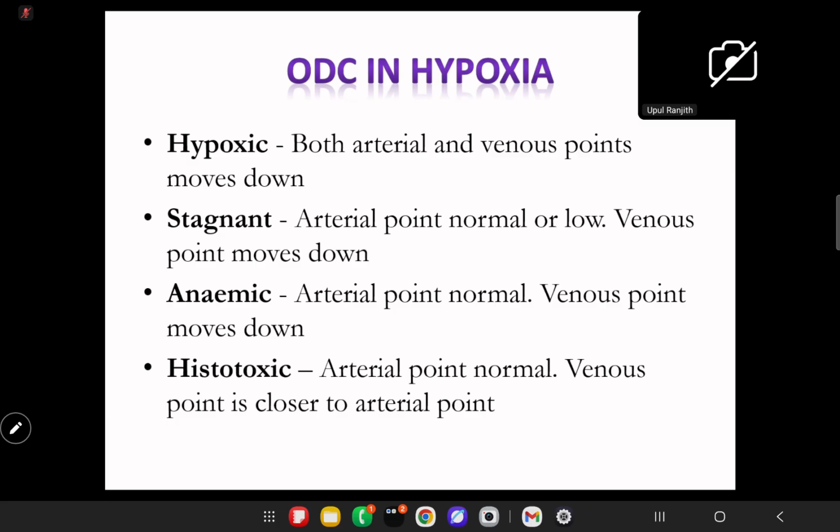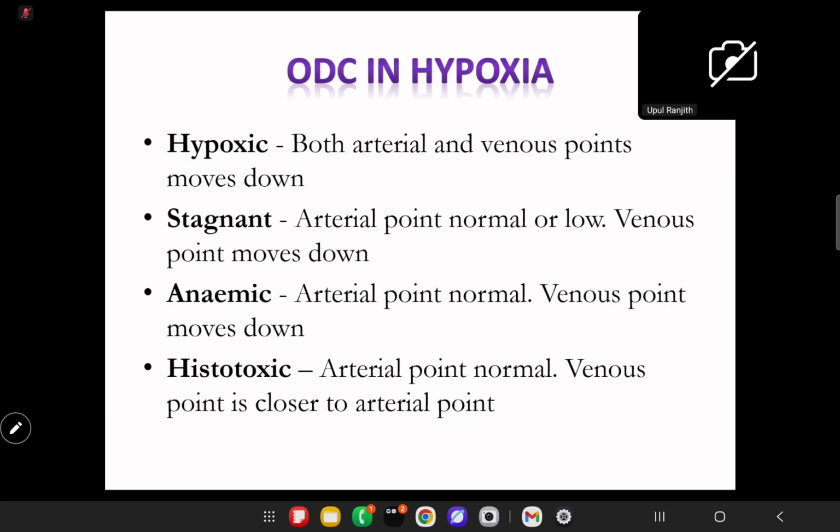Then in histotoxic hypoxia, the problem is at tissue level, the mitochondrial level. So oxygen consumption is reduced. Tissues cannot utilize oxygen due to a cytochrome oxidase problem at the mitochondrial level.